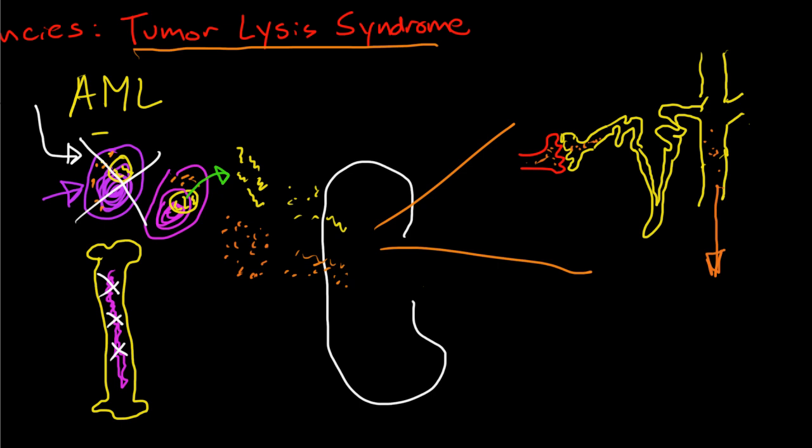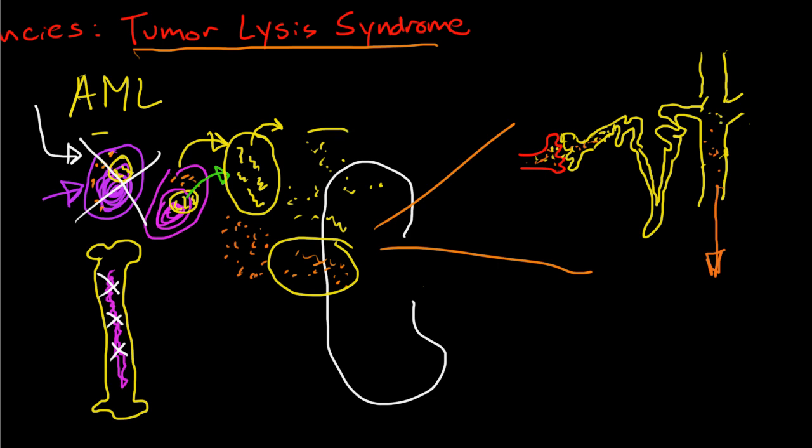Now, one part that I left out here is these nucleic acids that came out of the nuclei of all these breaking down leukemic cells actually get catabolized pretty quickly into xanthines and then eventually into uric acid. So along with the high concentrations of potassium, we have high concentrations of uric acid. And the uric acid is also secreted quite effectively through the nephron and into the collecting ducts.